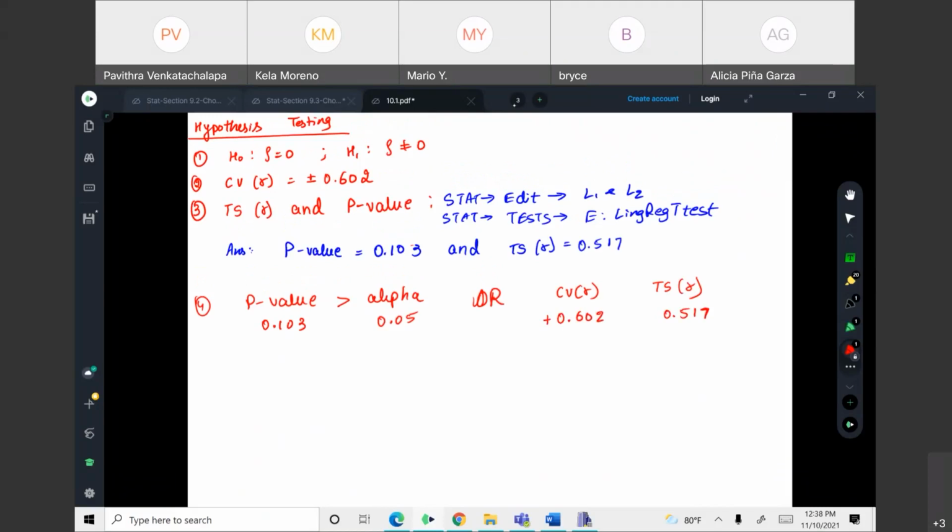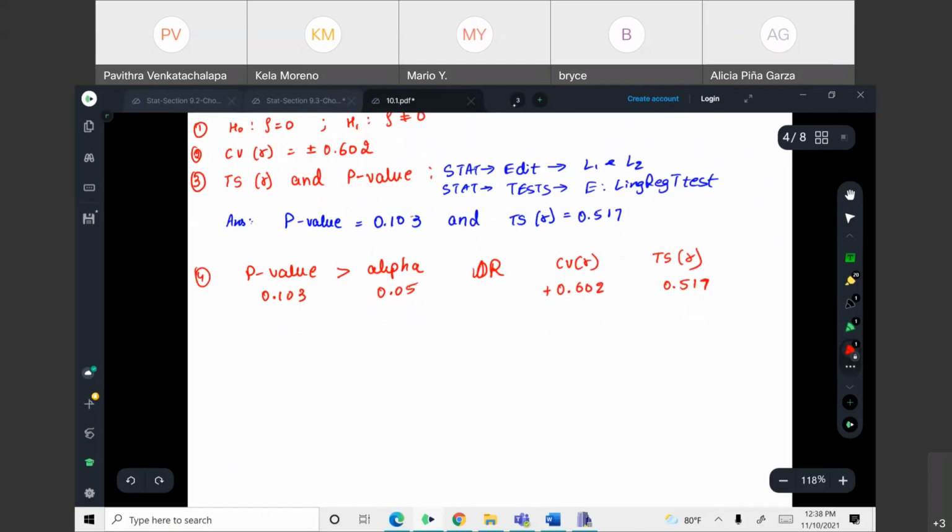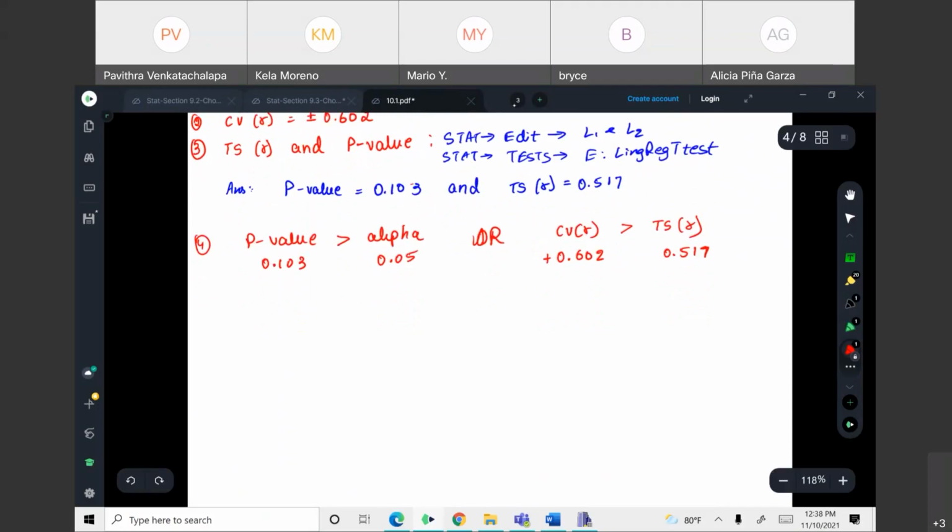For example, if you have a negative 0.517, then for the critical value you choose negative 0.602. You compare positive with positive, negative with negative. Now 0.6 is greater than 0.517. You don't have to do the second one, that's just optional. You can always do the p-value.